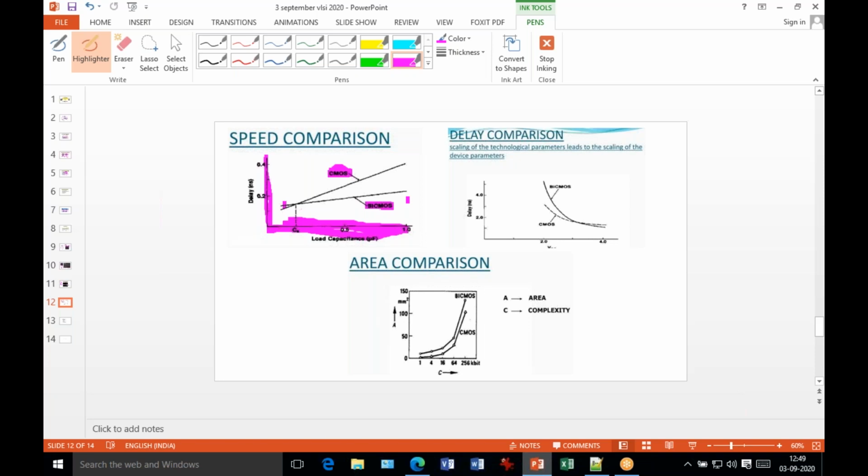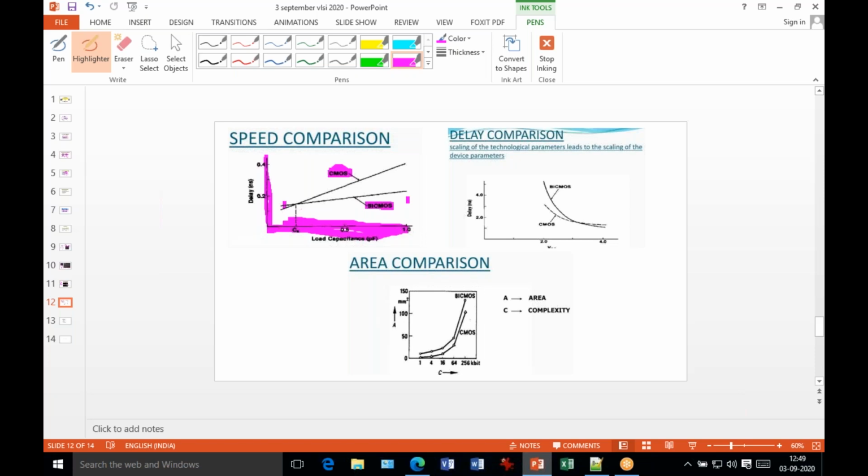And one more thing, actually we are considering, if this is the load capacitor, if you connect it up, this is the load capacitor. It charges and discharges the output voltage based on the load capacitor voltage.